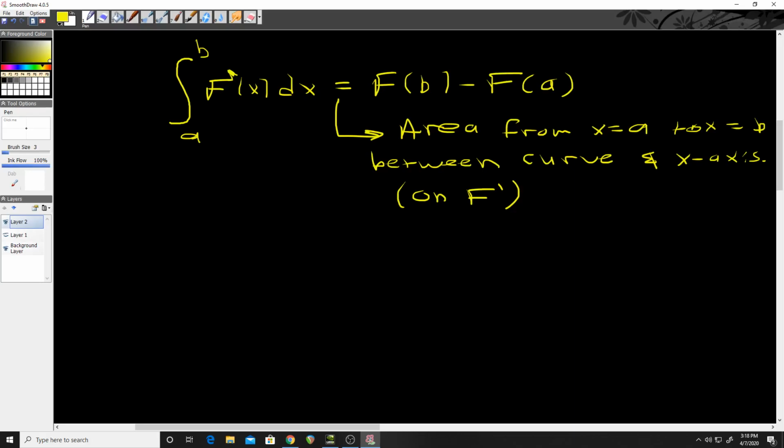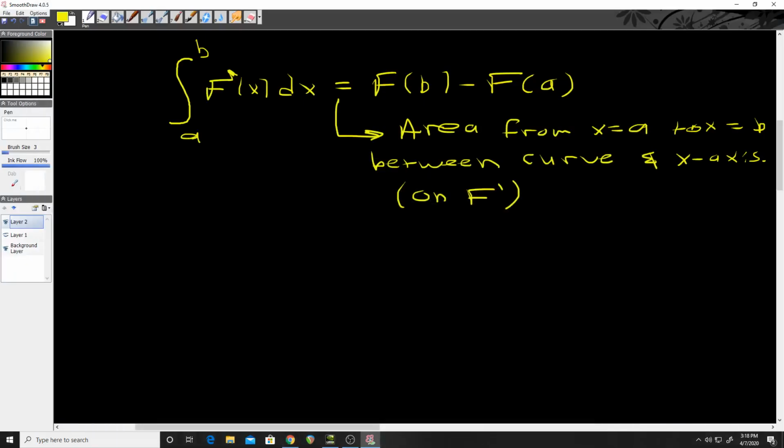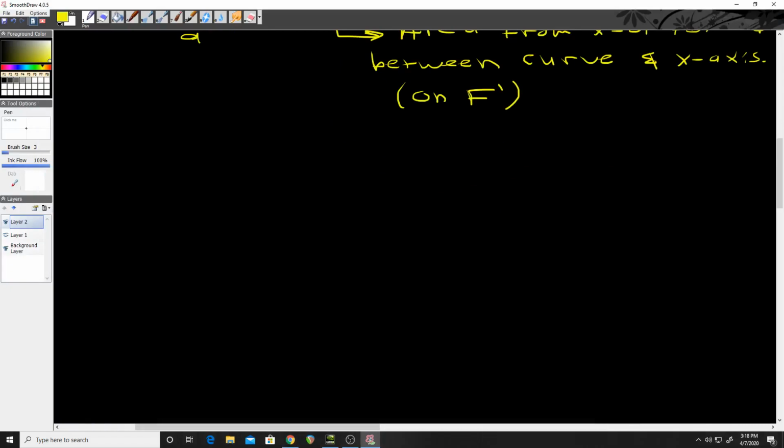Sorry, it tells us some stuff in the problem. Straight away, it tells us from 1 to 4, if I integrate little f from 1 to 4, I get 3.8. They tell me that straight away.